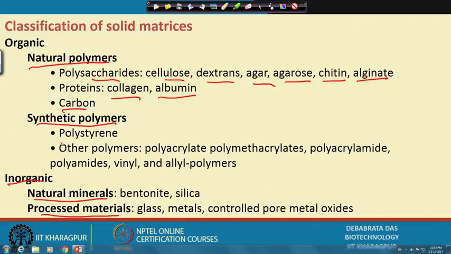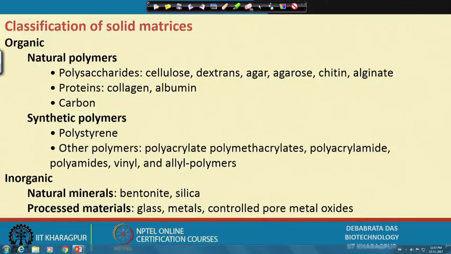The synthetic polymers, we have polystyrene, and other polymers we have polyacrylate, methacrylate, the polyacrylamide, the polyamide, and vinyl and allyl polymers. Natural minerals are bentonite and silica. Then processed minerals are glass, metal, controlled pore metal oxide. So these are the different examples of the solid matrix.